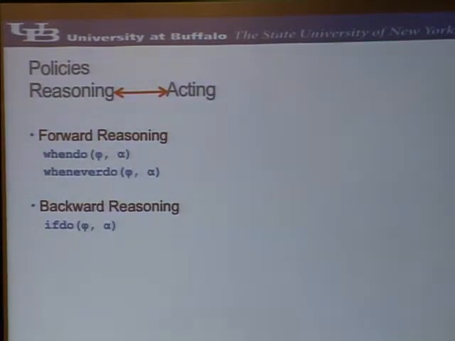Whenever do is whenever it believes that phi holds, it should perform alpha, and then it continues to have this policy adopted. The distinction, think about the policy of crossing a street by pushing a walk button, and then adopting the policy when the walk light comes on, walk across the street, right?